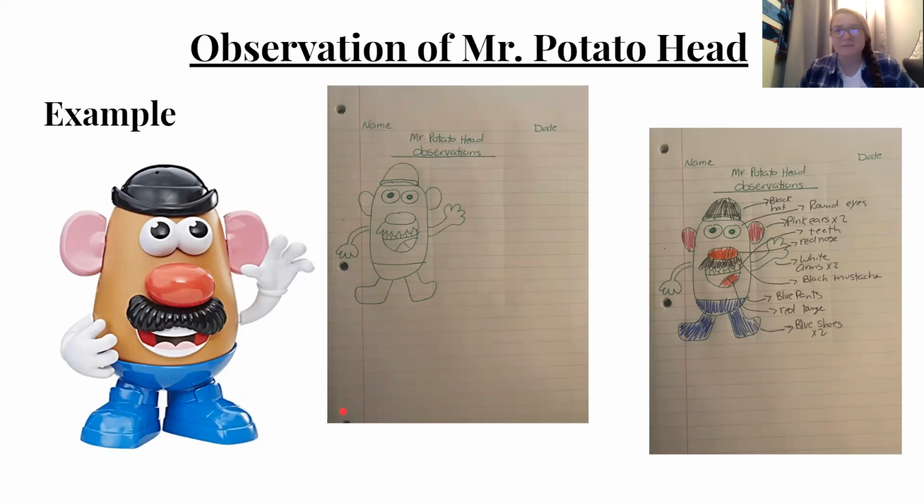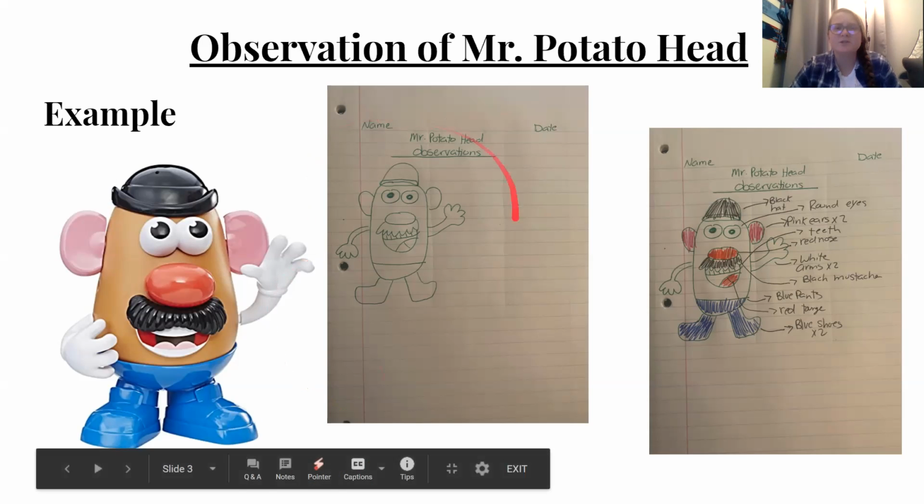Now, I'm not looking for artists here. I'm not an artist, so I don't expect you to be. But as scientists, we're going to try our best, and as good scholars anyway. Good scholars try their best. We try even if we don't think we can do it. So I don't care if you're the best drawer in the world, we're going to try our best.